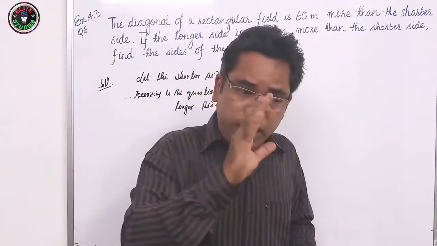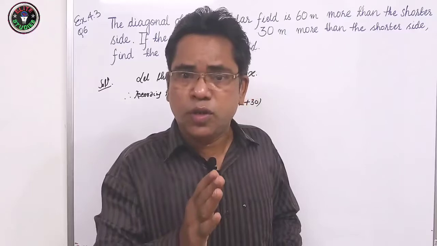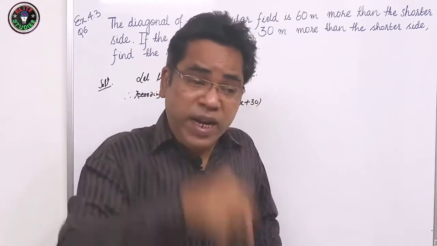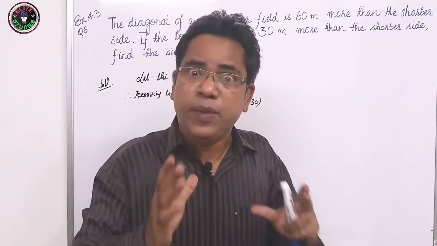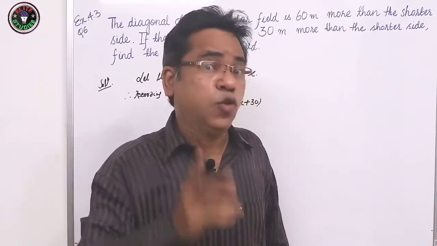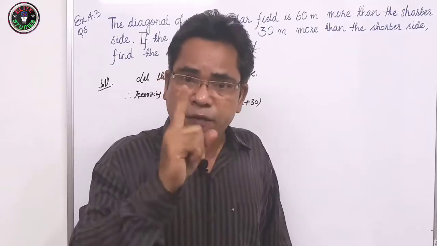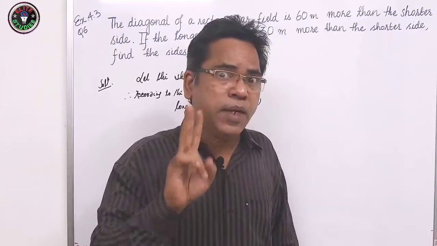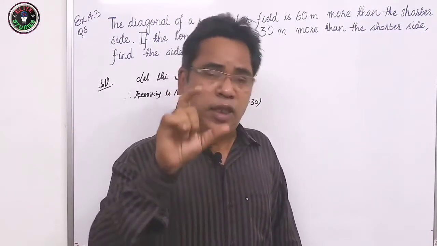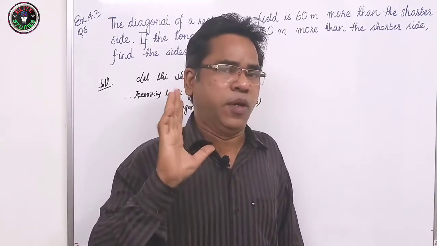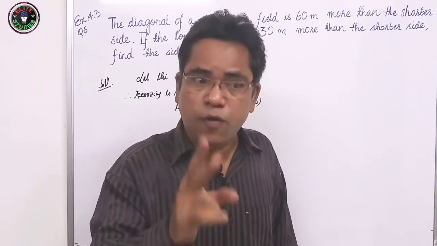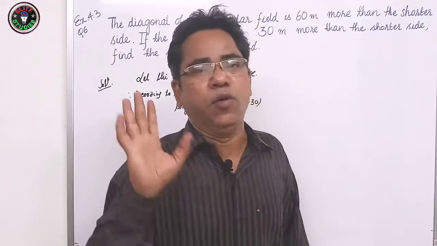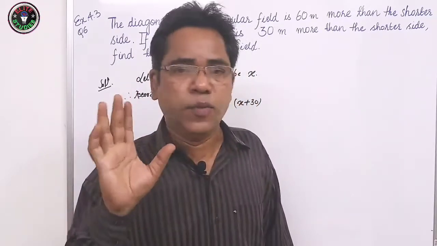After representing the unknowns with the variables, your very next step is to frame the equations. Here you should remember one thing again. If there is one variable, you need only one equation. If there are two variables, you need two equations. This is of prime importance in any word problem. The number of equations to be formulated must be equal to the number of unknowns. Otherwise, you cannot get the values of the variables.